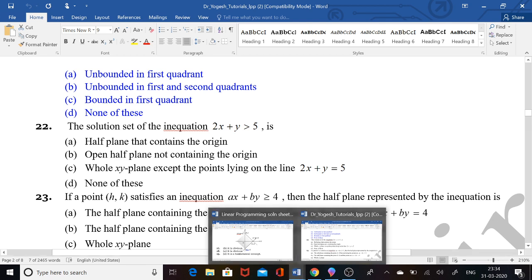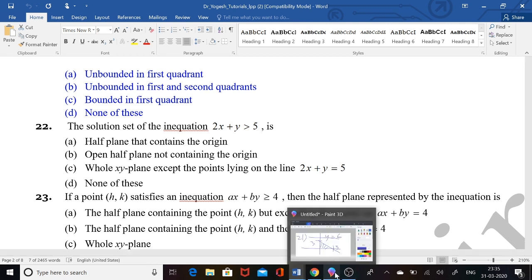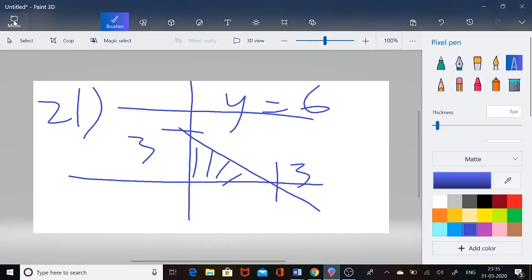Your 22nd is B. The solution set of the inequality 2x plus y is greater than or equal to 5 is an open half plane not containing the origin, because it is strictly greater than 5. For question number 22, it is strictly greater than 5. That's why open half plane not containing the origin. Just wait, I'll draw it.